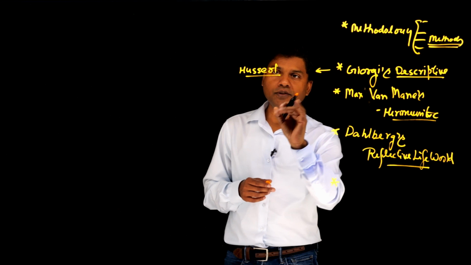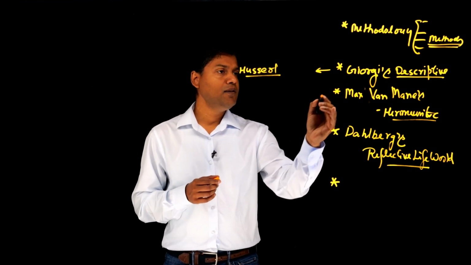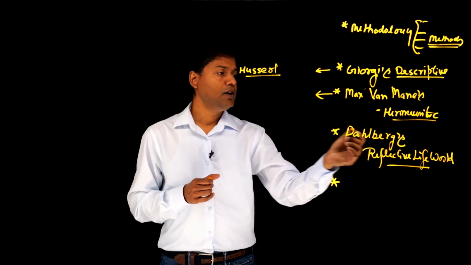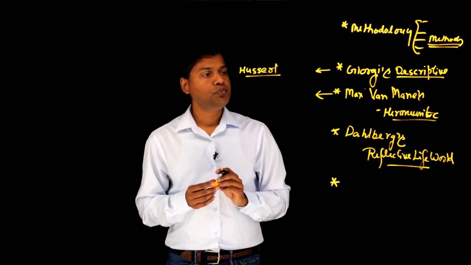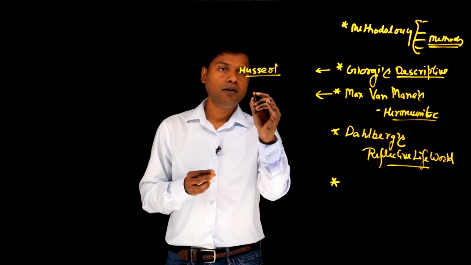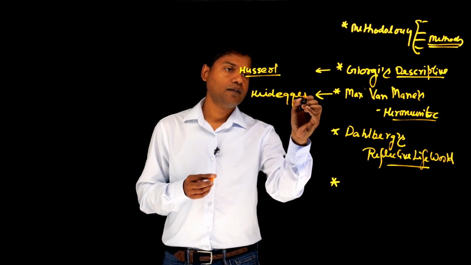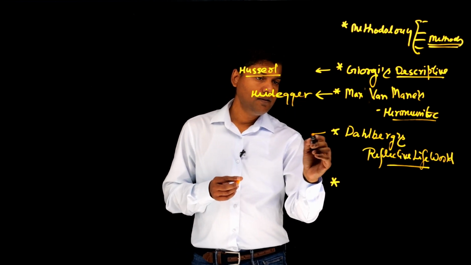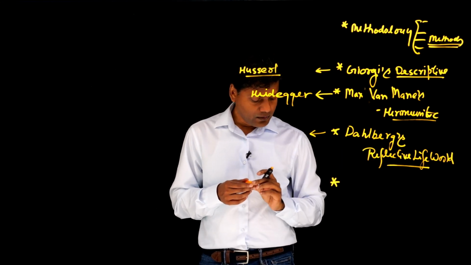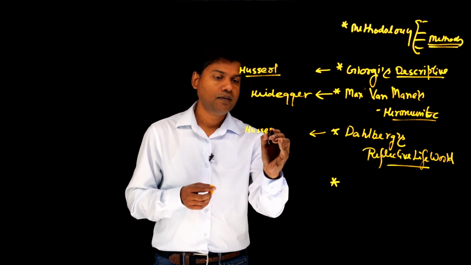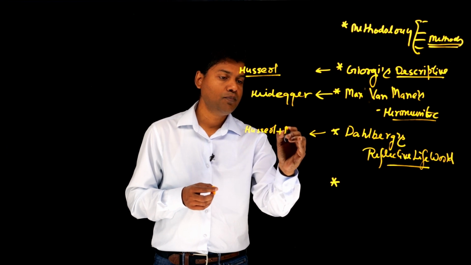So primarily inspired by Husserl. And then Max van Manen's hermeneutic phenomenology is primarily inspired by Heidegger. And the third one, Dahlberg's Reflective Lifeworld, is inspired by Husserl and Merleau-Ponty.